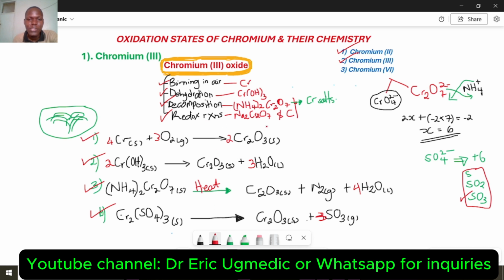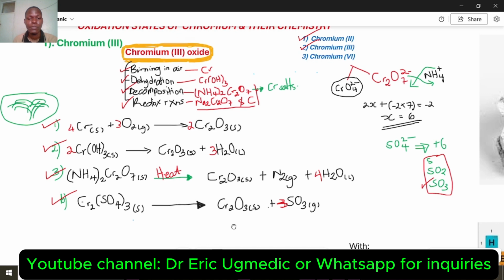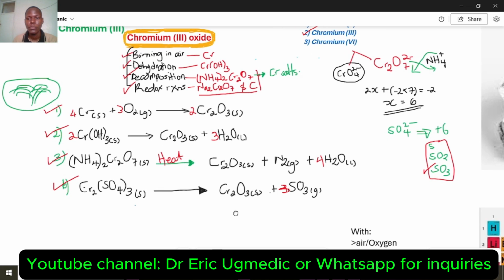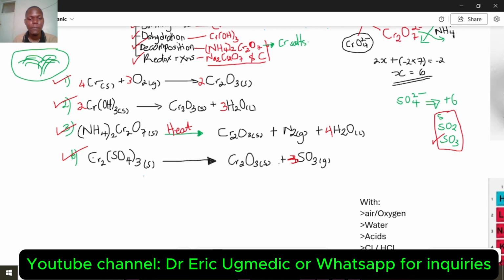So we can look at the last one, which is the redox reaction involving the sodium dichromate and the carbon. So I can push this side. We push a little bit, have more space for writing our fourth or fifth reaction. So this will be fifth reaction.